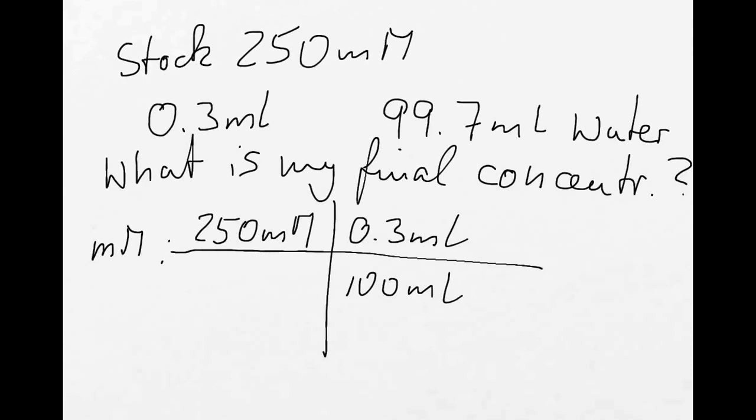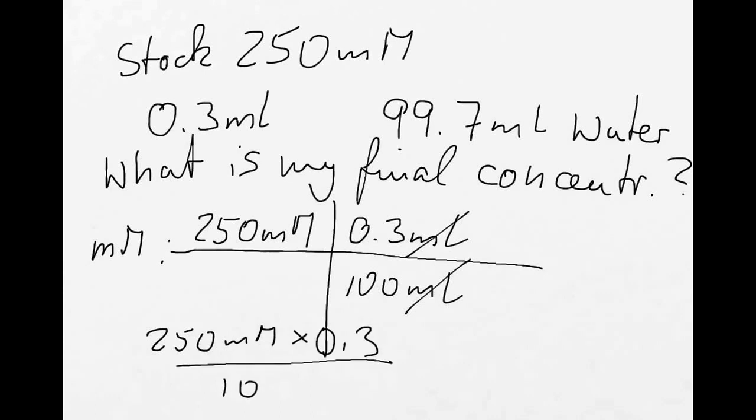So all we need to do is, our milliliters cancel, and we have 250 millimolar times 0.3 divided by 100, because we've got 100 milliliter in total.